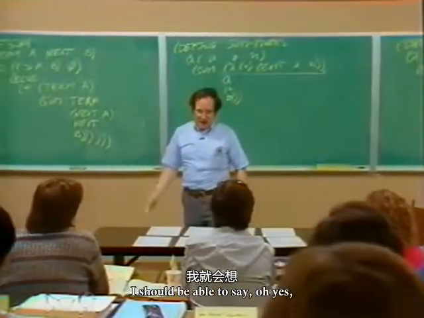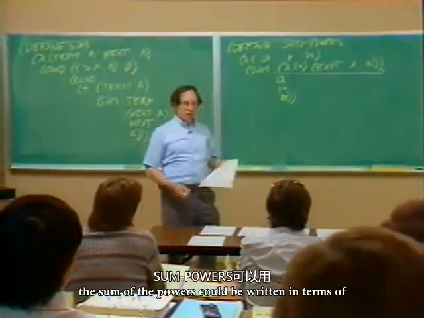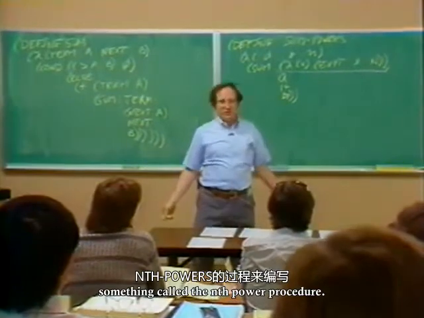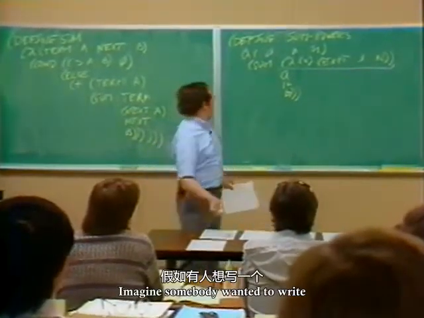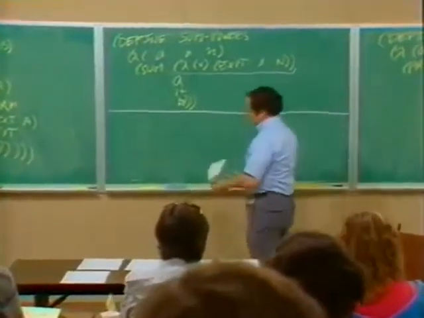I should be able to say, oh yes, the sum of the powers could be written in terms of something called the nth power procedure. Imagine somebody wanted to write a slightly different procedure that looks like this.